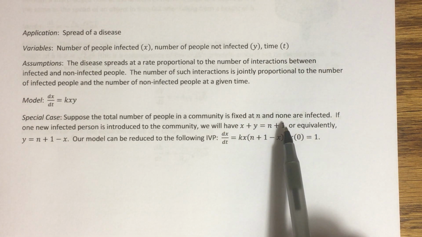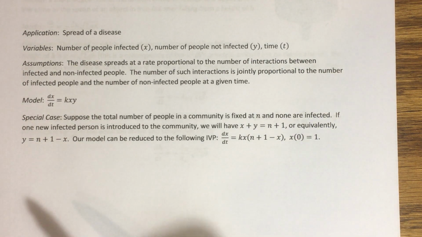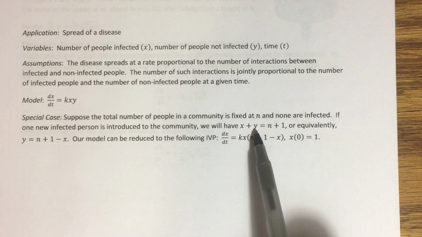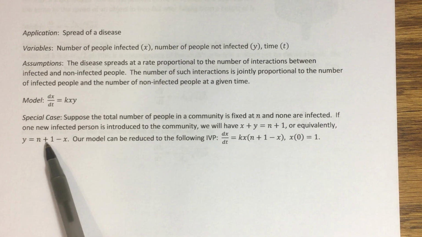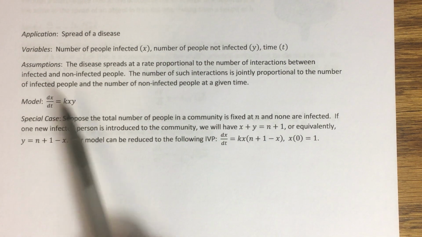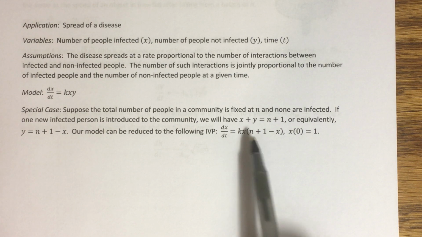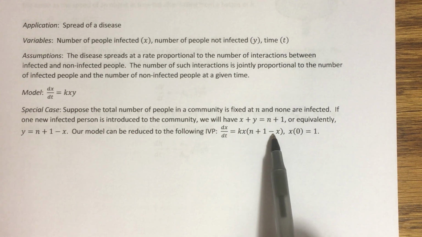So you drop this one infected person into that community. This infected person is going to interact with other people, and the disease will start to spread. If I solve this equation for y, I get y equals n plus 1 minus x. I can substitute that for the y here, giving me this differential equation: dx/dt equals kx, and then in parentheses, n plus 1 minus x.